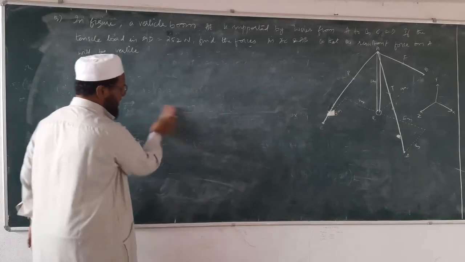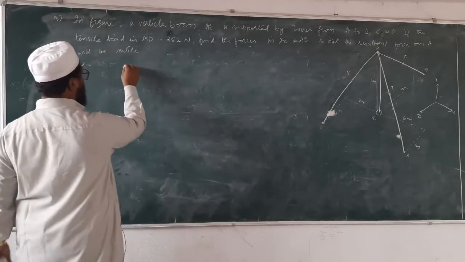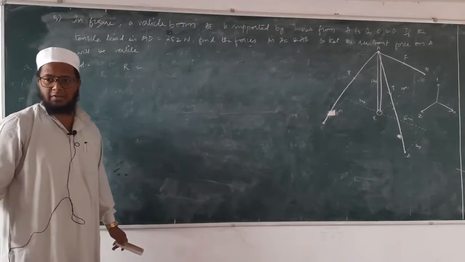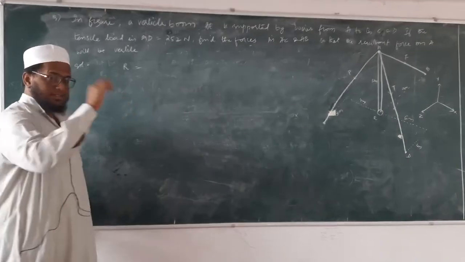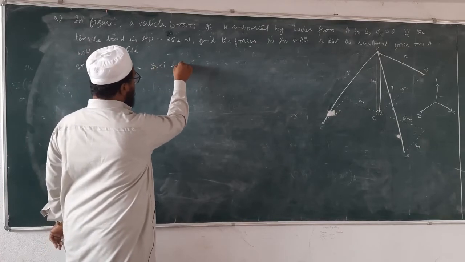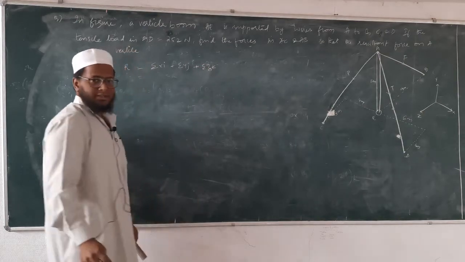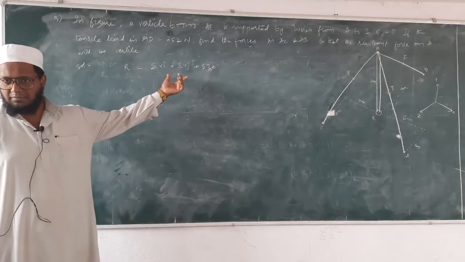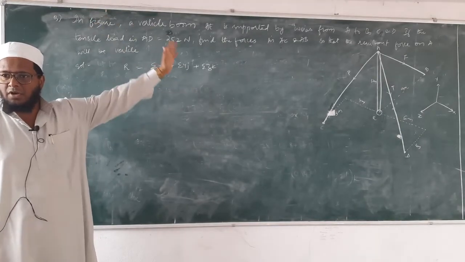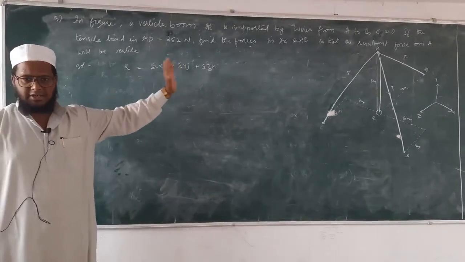In the previous problems we have calculated resultant, that is sigma x i plus sigma y j plus sigma z k, isn't it? You turn back and see, we have done this. For calculation of resultant, summation of all i values, all j values and k values.